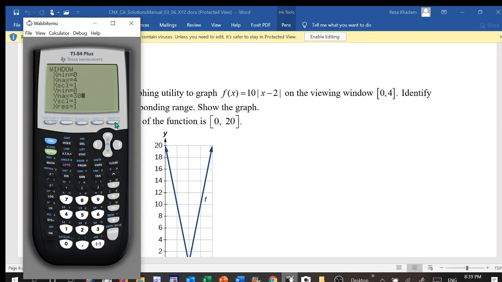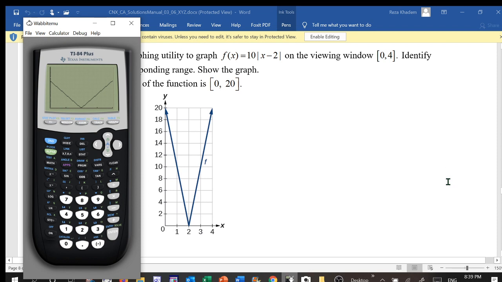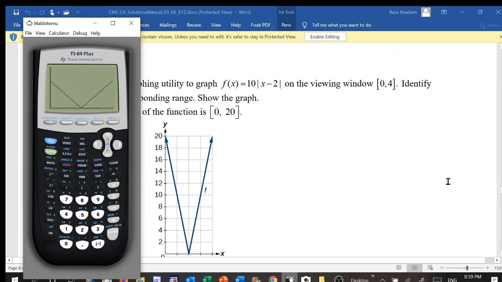And let's graph this, and that's what it looks like, right? So we graphed it from 0 to, because we know the y values for this x and for this x would both be 20s. So we just go from y min to y max a little bit more than 20, maybe.